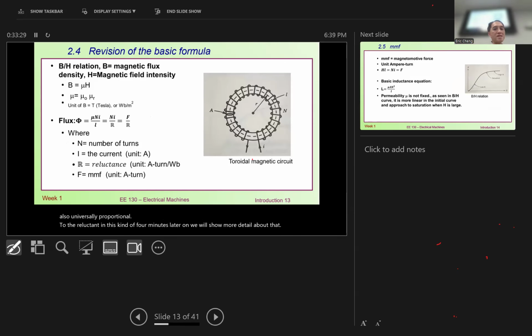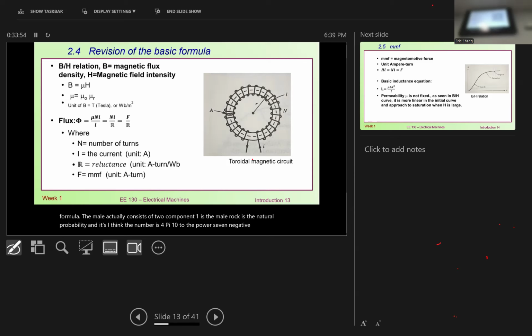Then for our basic winding, of course, the first formula we learn will be B equals mu H. I think that's a really basic formula we learned, right? Everybody knows this formula. The mu actually consists of two components. One is mu naught, the natural permeability, and the number is 4 pi times 10 to the power of -7.